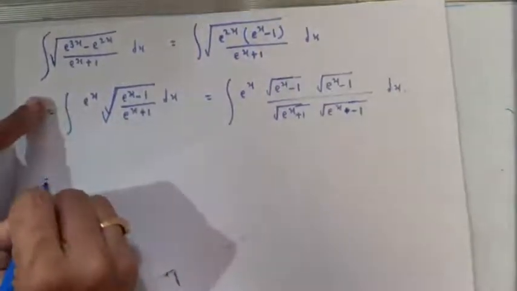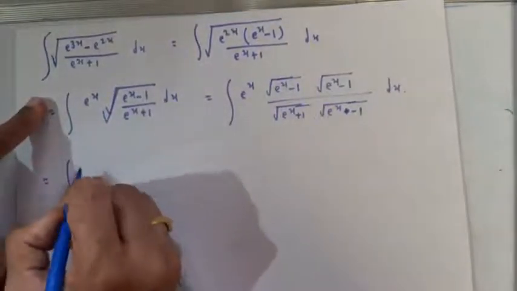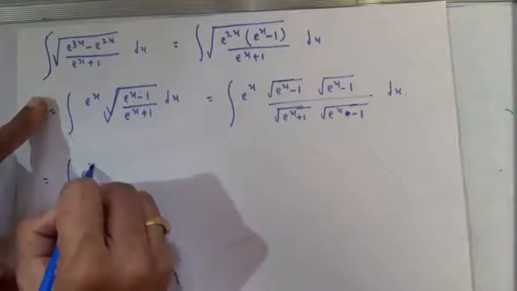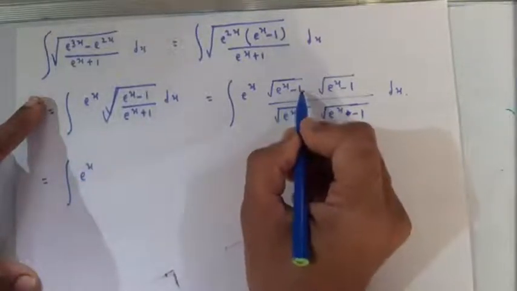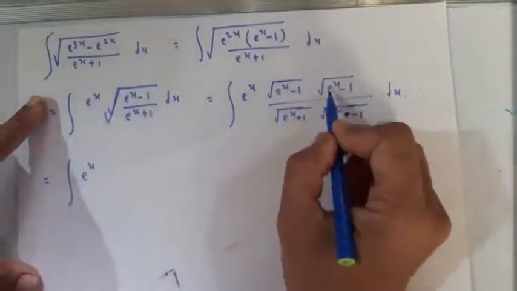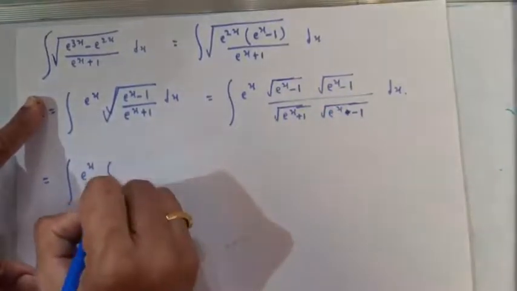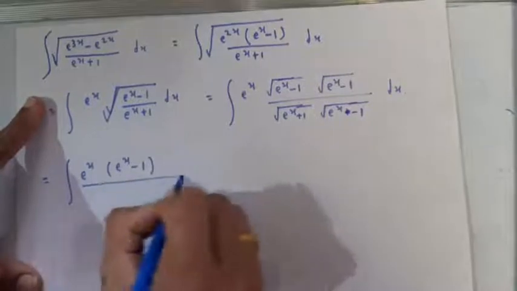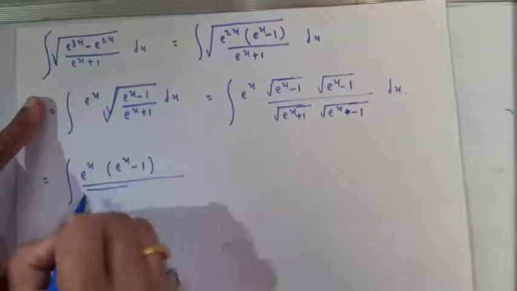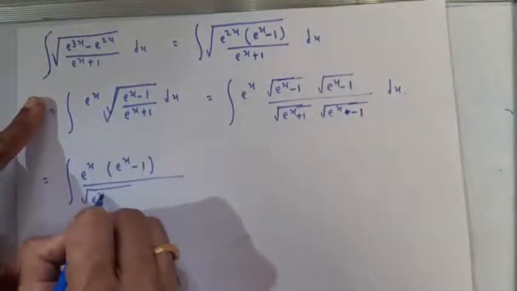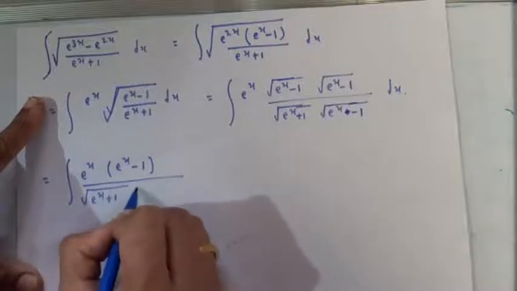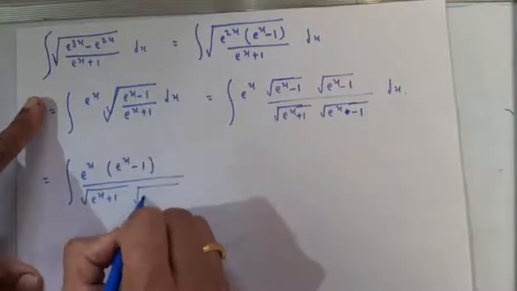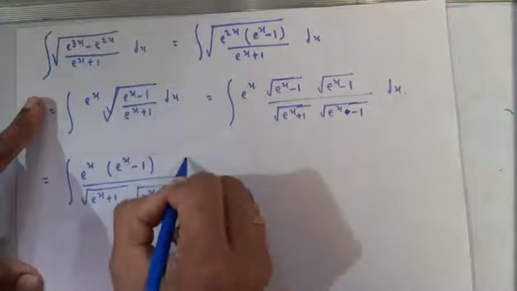So this is the integration of e raised to x times (e raised to x minus 1) upon square root of e raised to x plus 1 and square root of e raised to x minus 1.